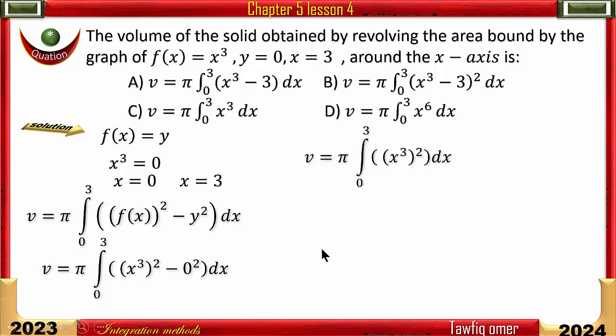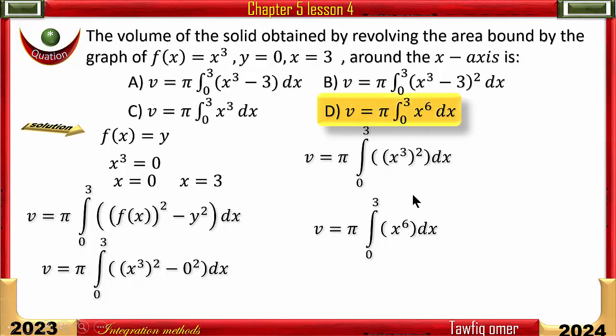And now simplifying, the volume is equal pi integration from 0 to 3 of x to the power 6 dx. As you can see, D is the correct choice.